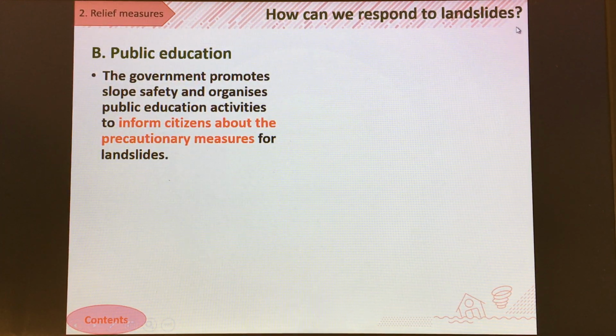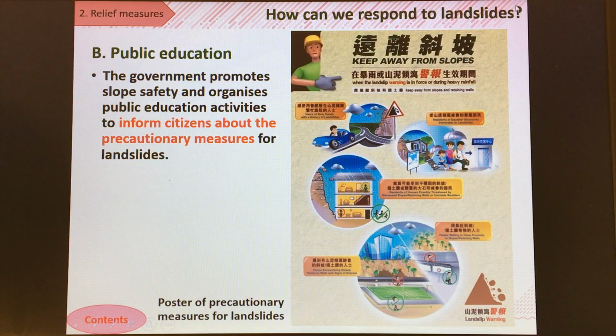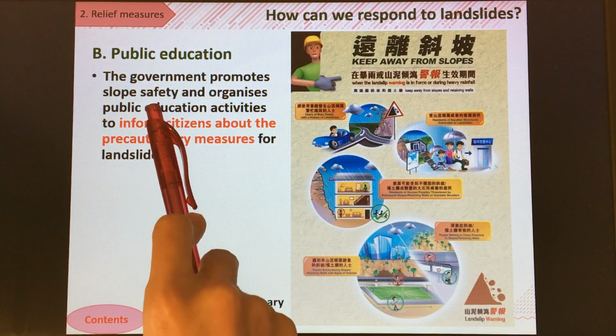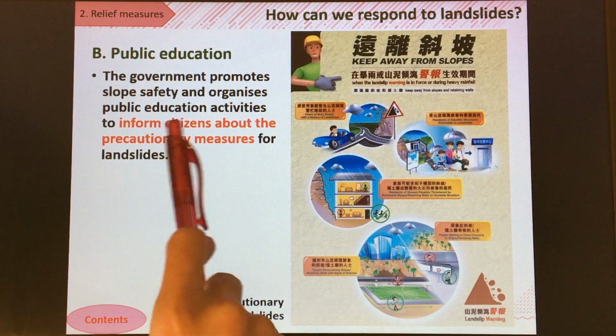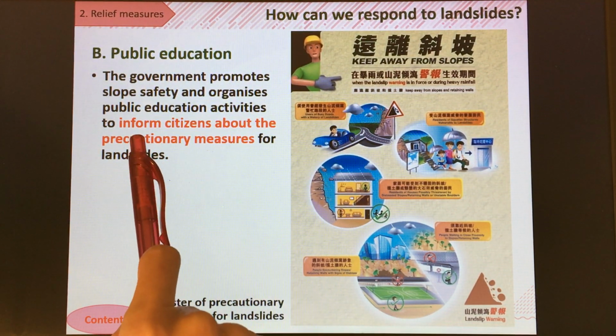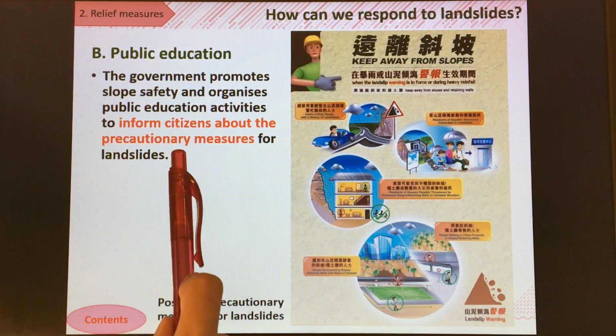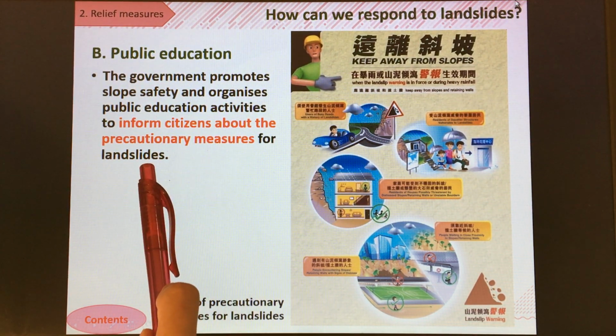And then for the last point, public education. After we have established the effective warning system, if the general public has a better understanding of landslides and can respond to them better, then it can reduce the loss caused by landslides. So the government will promote slope safety, with different public education activities to teach citizens the precautionary measures for landslides.